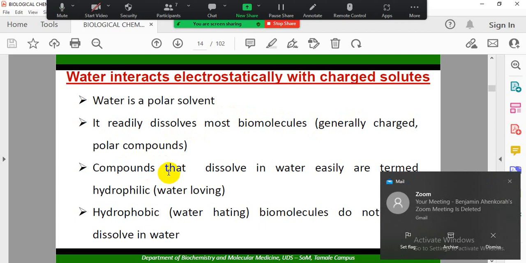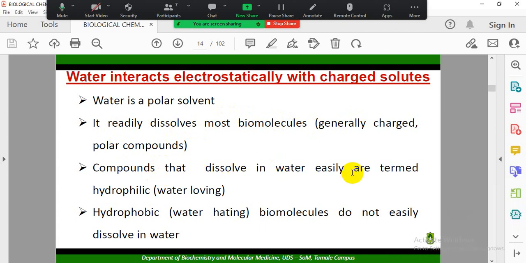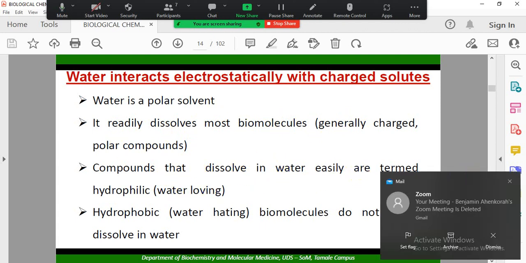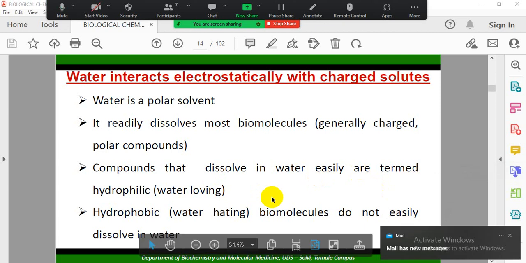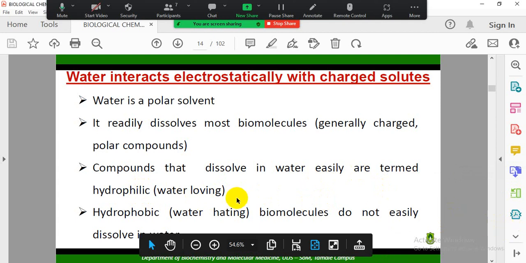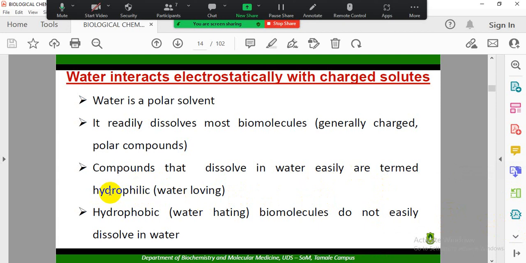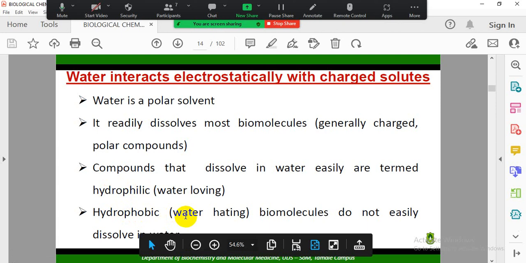Compounds that dissolve in water easily are called hydrophilic. We have the philia, brotherly love. So hydrophilic means that it loves water. Hydrophobic means water-hating. Such biomolecules do not easily dissolve in water.